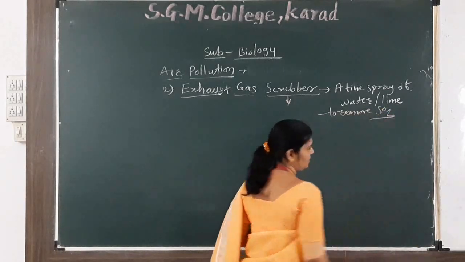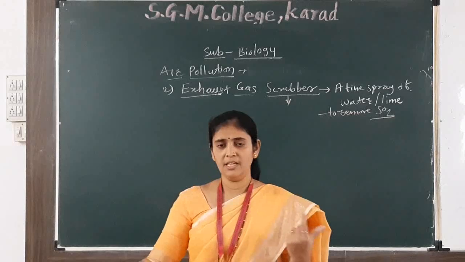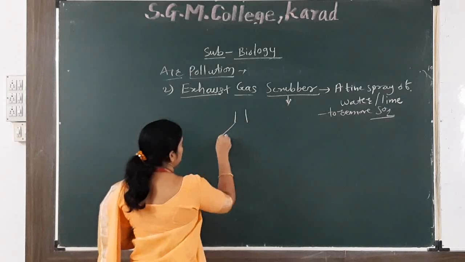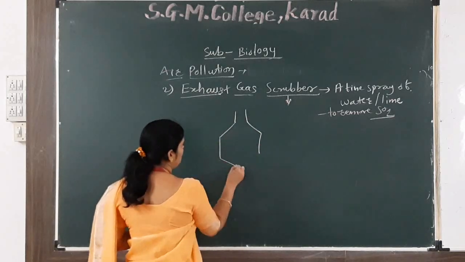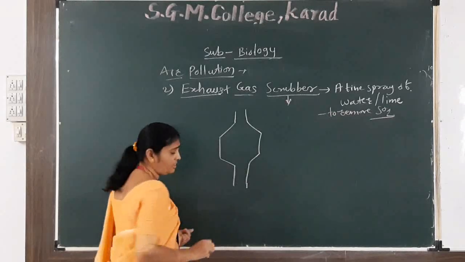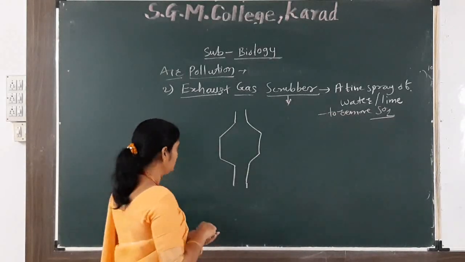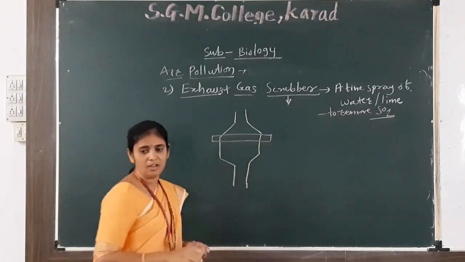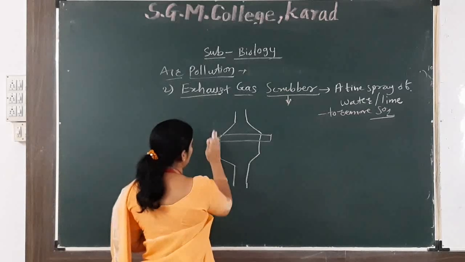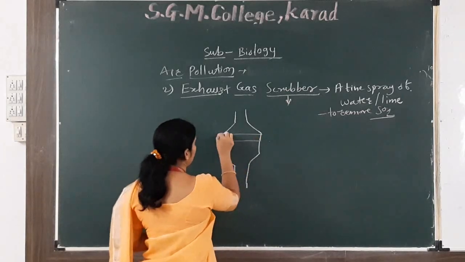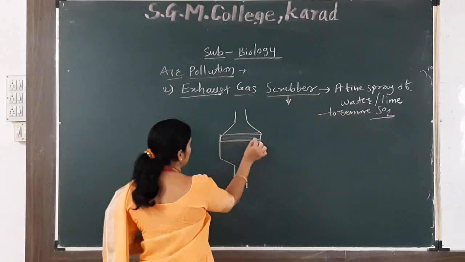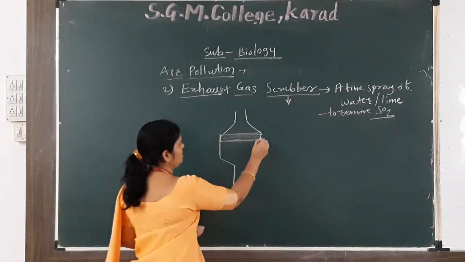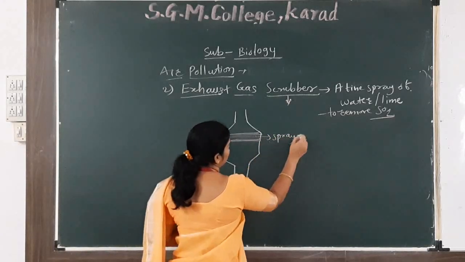Sulfur dioxide. So what is the principle used in this? You can see again we have to draw some representation here. Here is the scrubber which is used in the factory. This is the scrubber, and here a spray of water and lime is used.